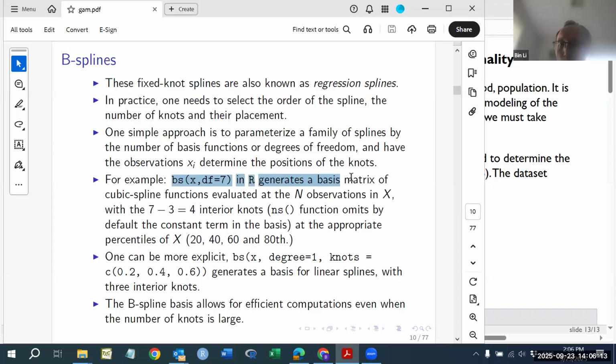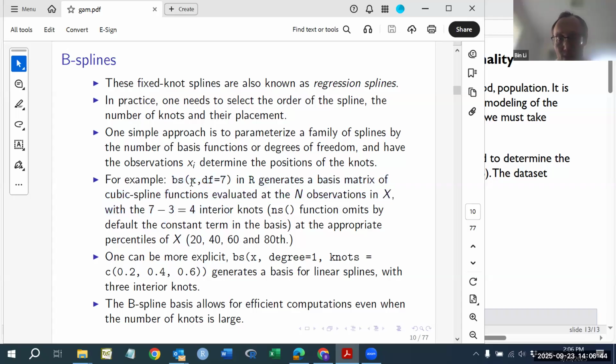With the B splines, we can get a basis matrix for the cubic splines evaluated at n observations in the X. We can define the number of interior knots through the degrees of freedom. And by default, if you don't specify the location, it will just split at the percentiles.